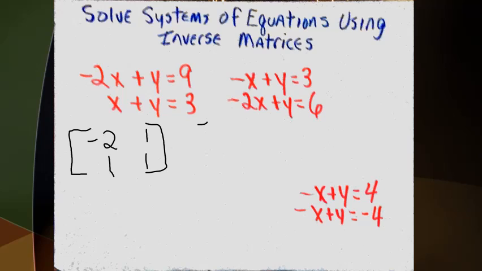And we're going to have a constant matrix, a 2 by 1 matrix of just 9 and 3. You might want to jot that down, because we're getting ready to go over to the calculator, and we're going to determine how we can solve systems of equations using inverse matrices.